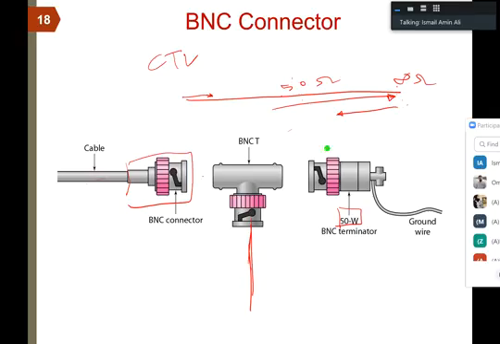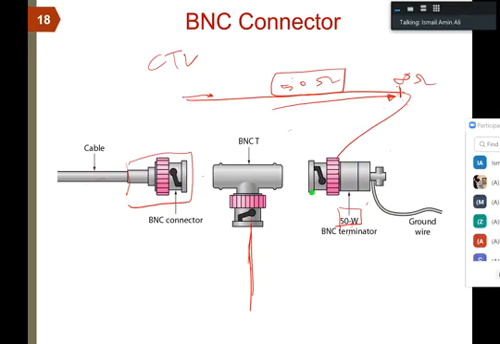So if you don't terminate it properly, we have to match the impedance of the line. If the line is 50 ohm, the terminator also should be 50 ohm, so that no reflections can happen. When the signal gets here, it's absorbed, and there is no reflection. And this is impedance matching. You need to do that.